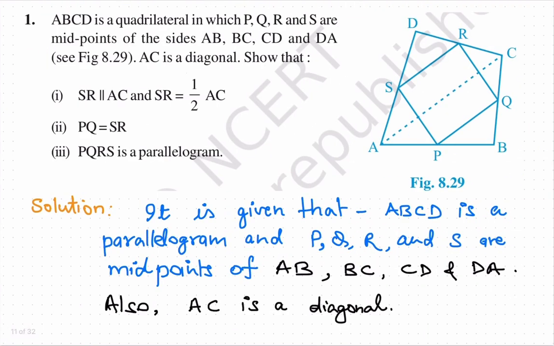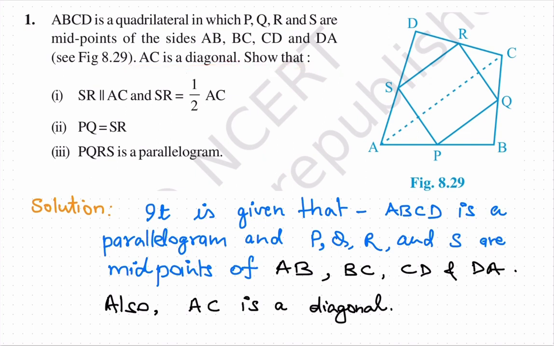So the first question states that ABCD is a quadrilateral in which P, Q, R and S are midpoints of the sides AB, BC, CD and DA. See figure 8.29, where AC is a diagonal.